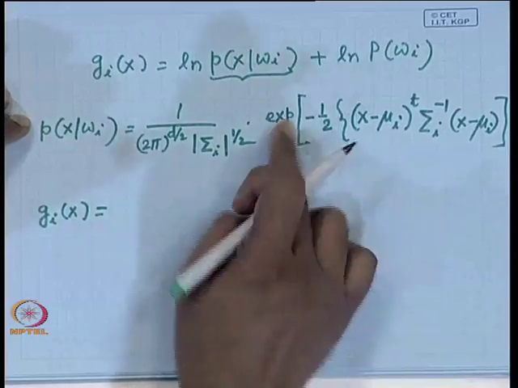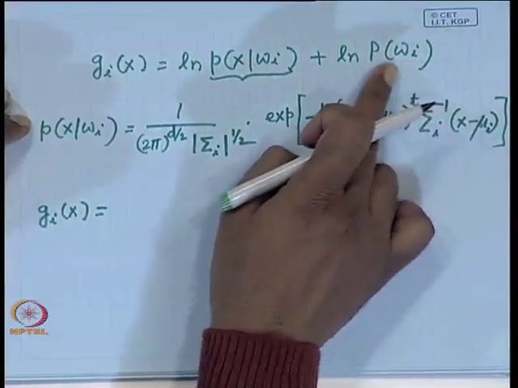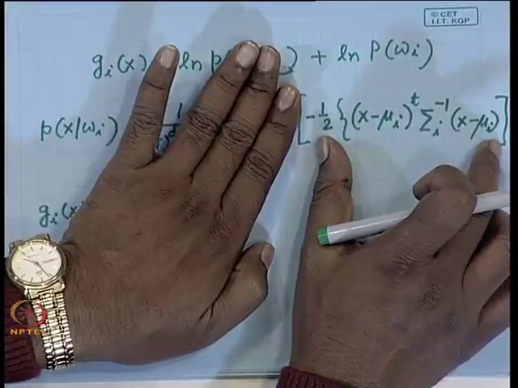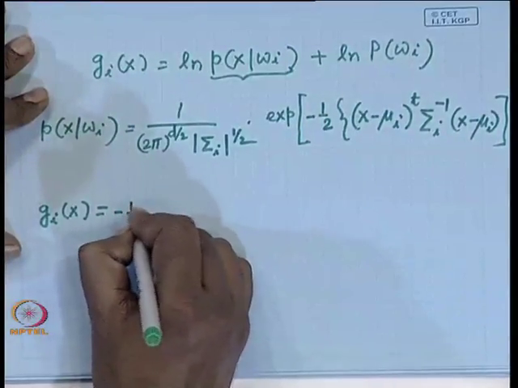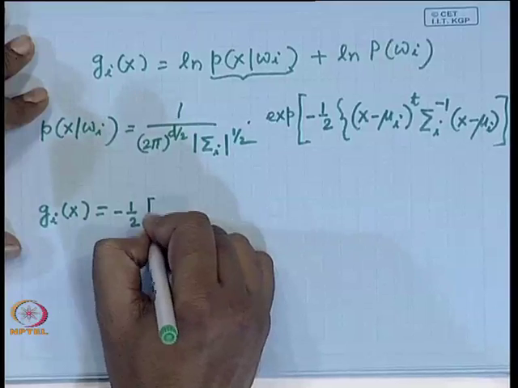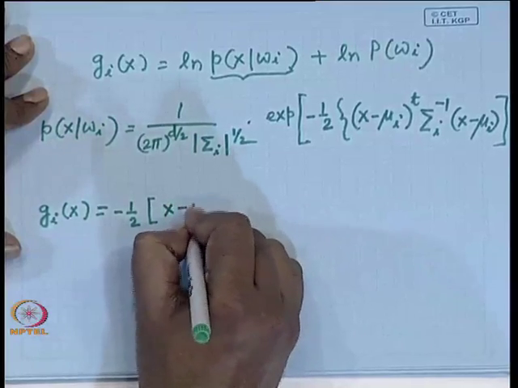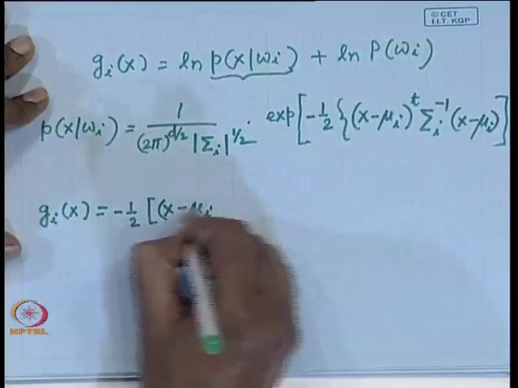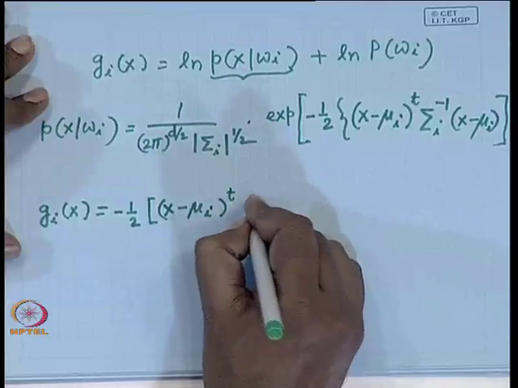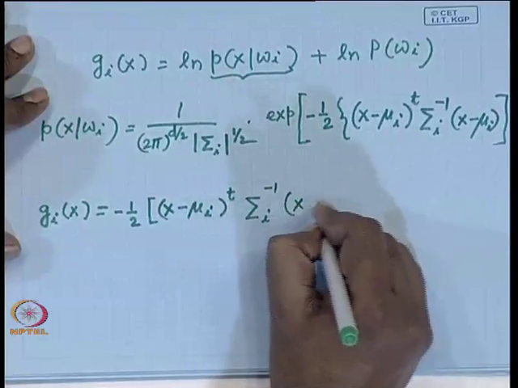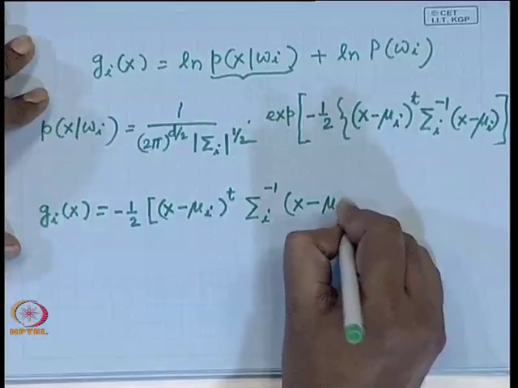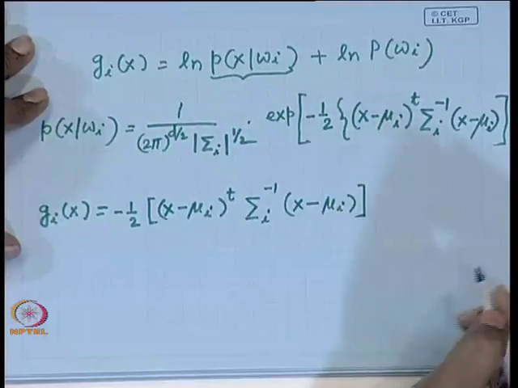Since this is an exponential, if I take the logarithm, it simply becomes minus half into (x minus mu_i) transpose sigma_i inverse (x minus mu_i).